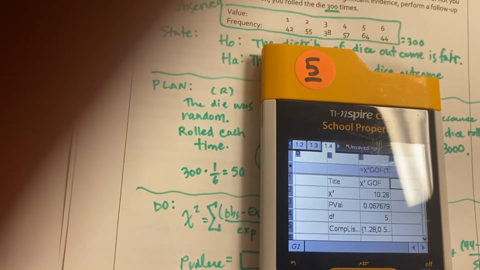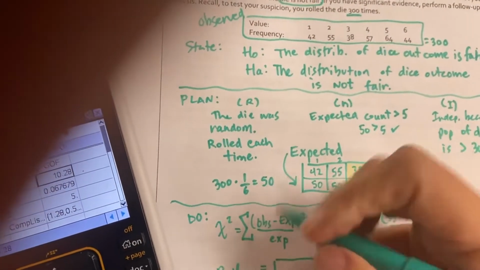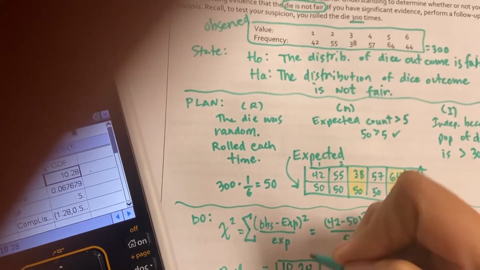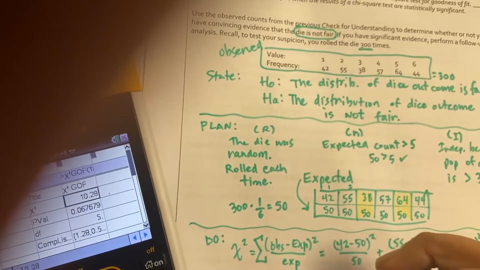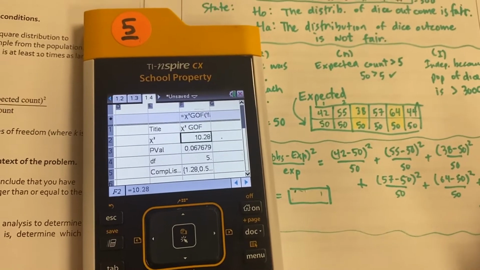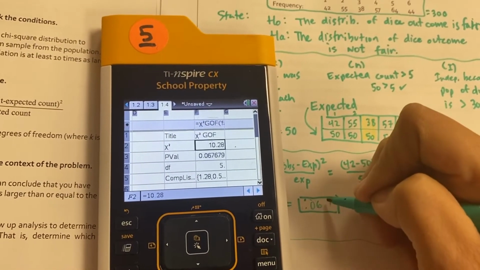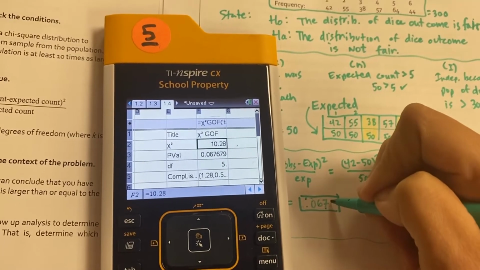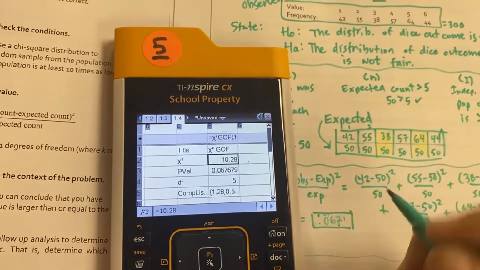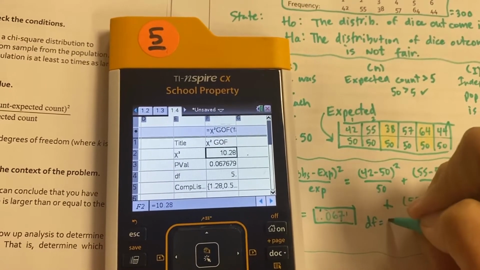So we get a chi-square value of 10.28. I didn't do that on purpose. Sorry, I'm trying to hold my phone and do this all at the same time. 10.28, a p-value of 0.06. Oh, darn it. Right? Degrees of freedom of 5.